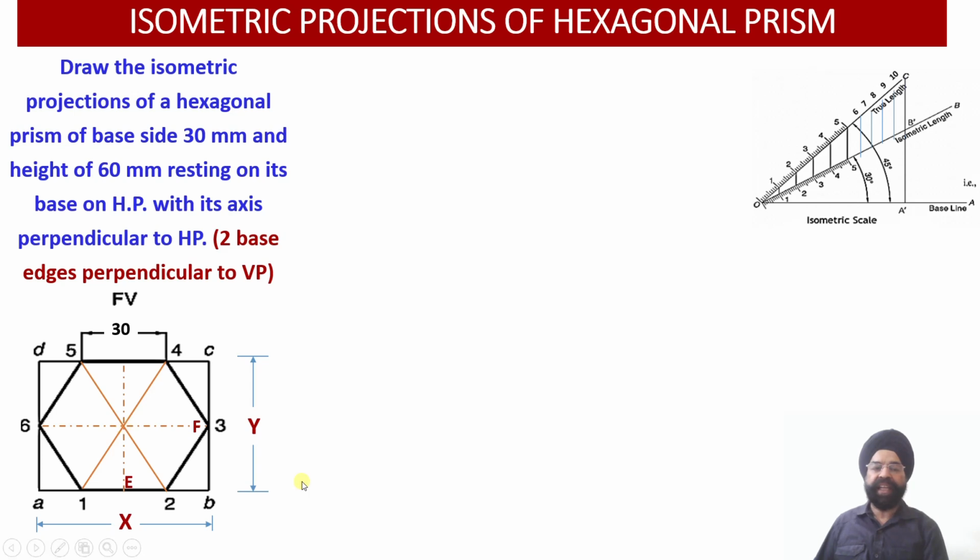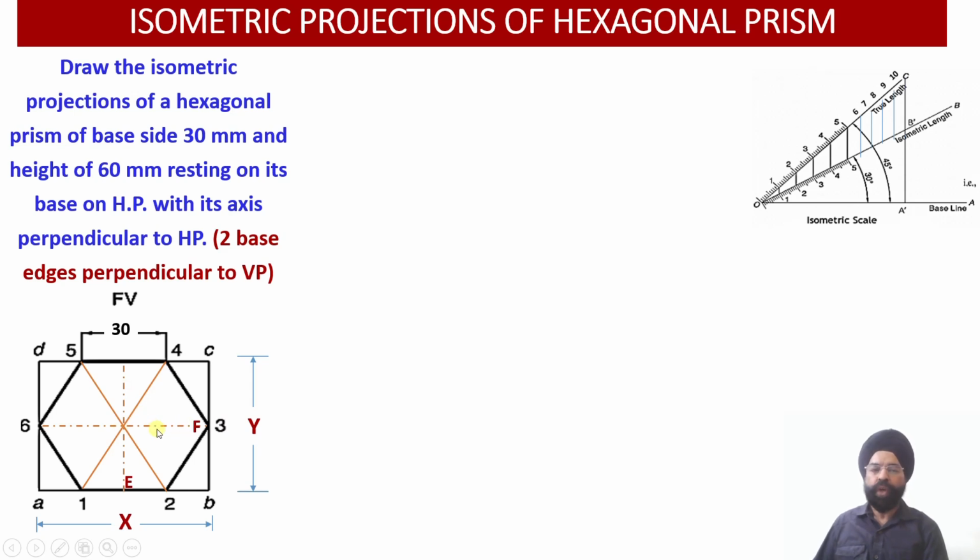So this rectilinear distance will be marked as A to E. We measure the distance of A to E, and then a vertical center line is drawn. Similarly, we measure the distance of B to F. So this is the B to F distance, and then again a central line, parallel to AB, is drawn.